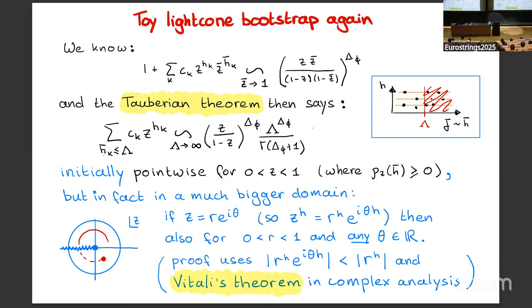If I take z equals r e to the i theta, so z to the h is r to the h e to the i theta h. So, right, I go to the universal cover of the complex z plane with this cut. Then this result is also true for r between 0 and 1 and any theta in R. So, like I sketched here, I can start somewhere in the unit disk and I can go through the cut and I'm on the second sheet and the result is still true.